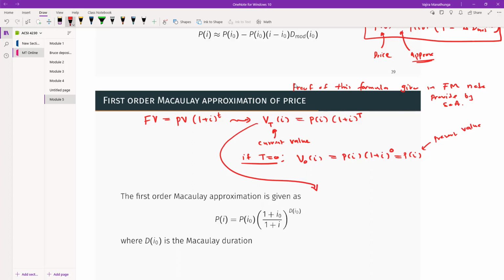So what is the derivative? I'm going to take the derivative with respect to i. So V'(t, i), which is the derivative of V(t, i) with respect to i.